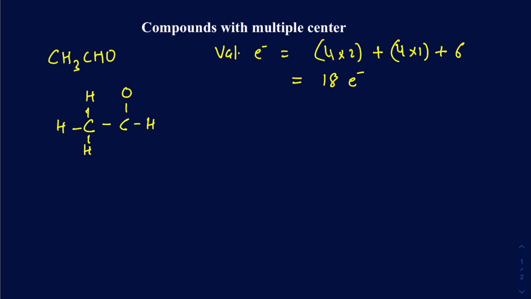Once you do so, you want to count how many electrons you used. Since there are 6 bonds total, and 6 bonds use up 12 electrons, you subtract 12 from 18, and that gives you a remaining 6 electrons that need to be used. Now you want to make sure you complete the octets of the surrounding atoms.